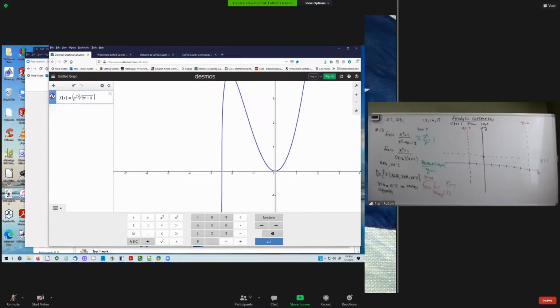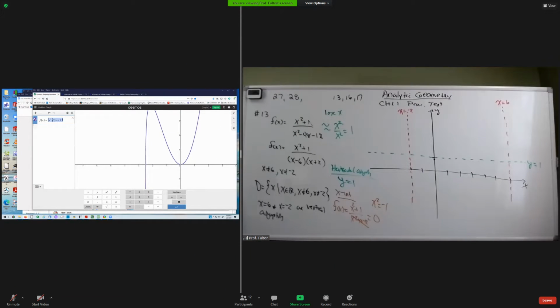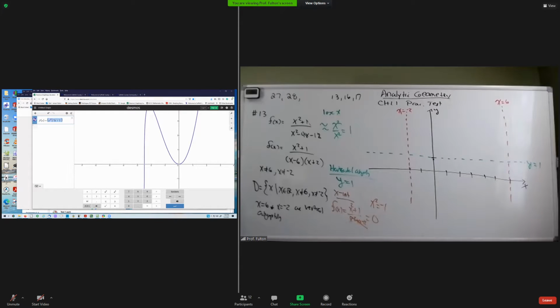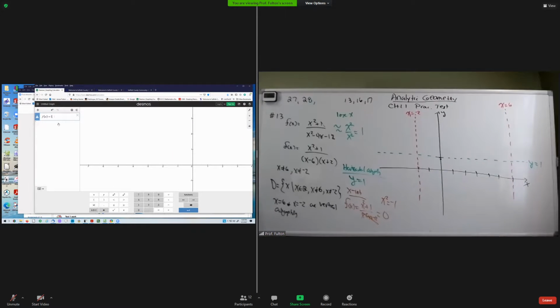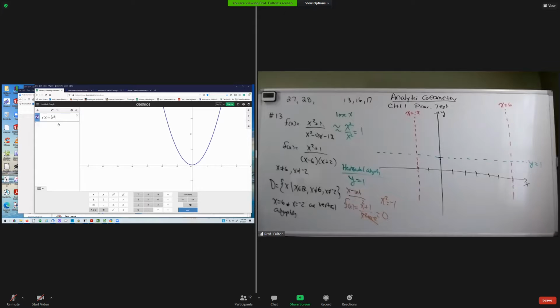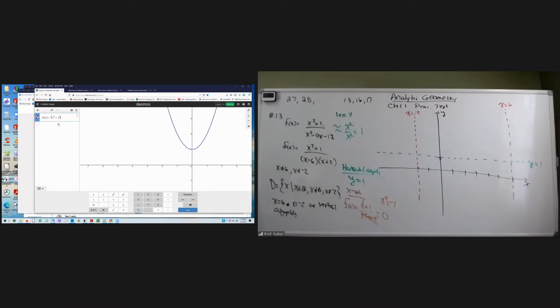Well, let me get rid of this, the whole thing. Delete it. So plug that in again: x squared plus 1 divided by x squared minus 4x minus 12.